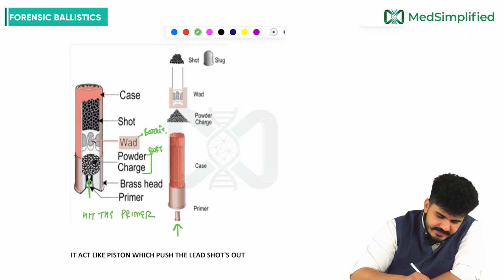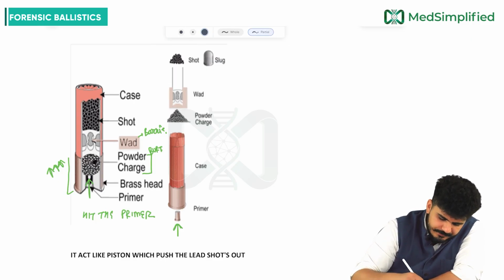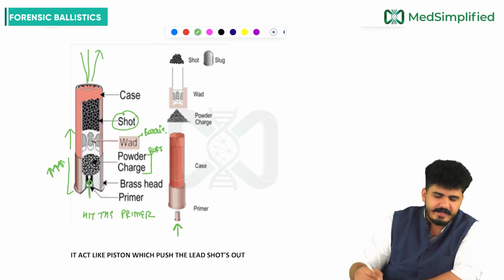Too much pressure is there in this part. Then only the wad will go out, and if the wad goes out from here, it will take all the pellets. These shots are there. Pellets will come outside and it will be fired like this.